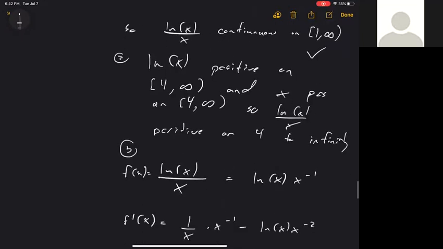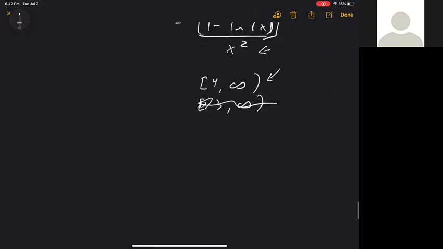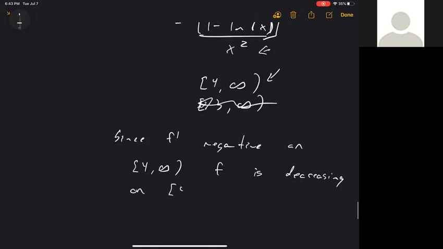Okay, so I could say something like, since f prime is negative on 4 to infinity, f is decreasing on 4 to infinity.